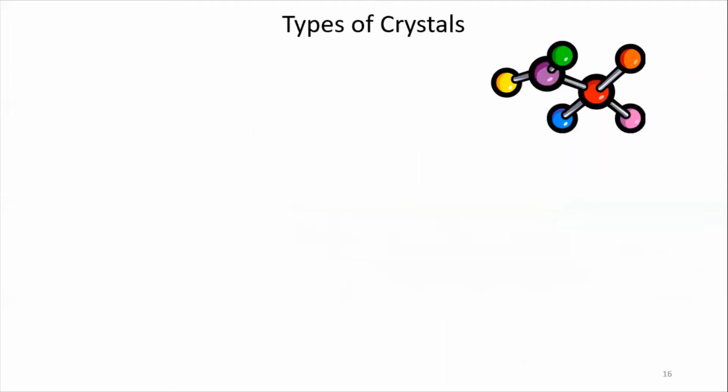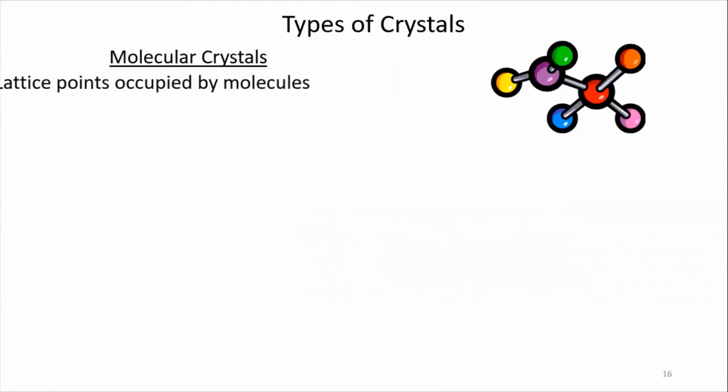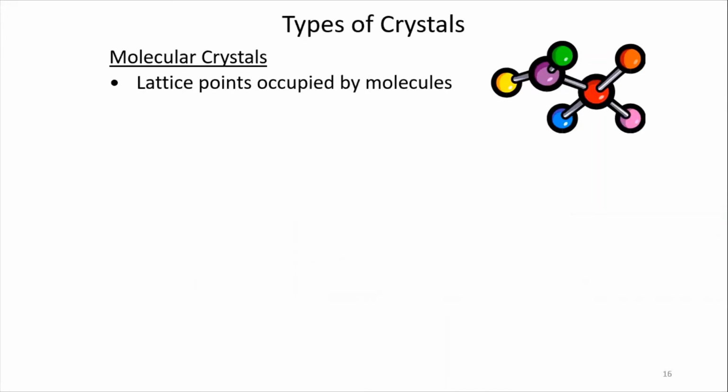Okay, the third type of crystal, we're going to call them molecular crystals. As the word suggests, the lattice points here are going to be occupied by molecules. And these molecules are going to be held together by intermolecular forces. We have studied these at the beginning of this unit. They can be London dispersion forces, they can be dipole-dipole forces, or they can be hydrogen bonding interactions.